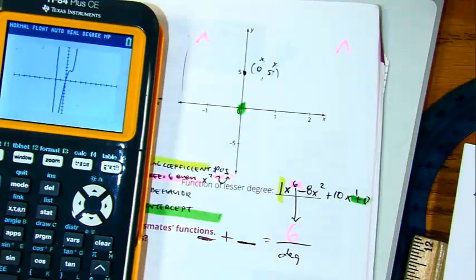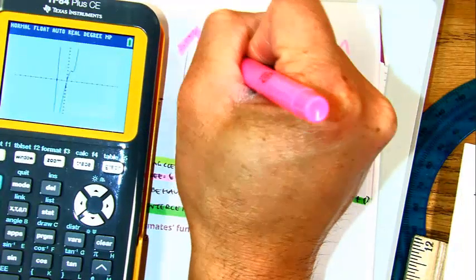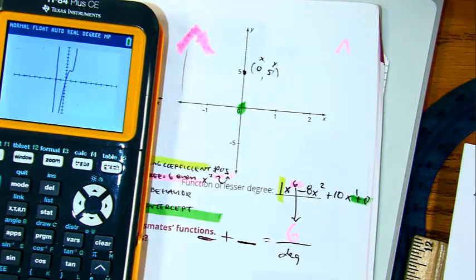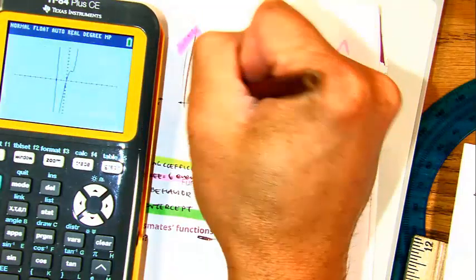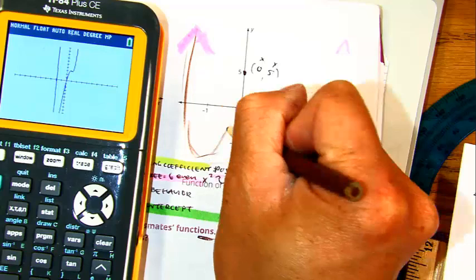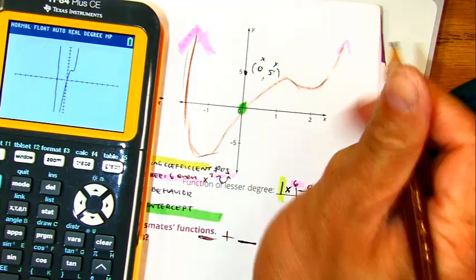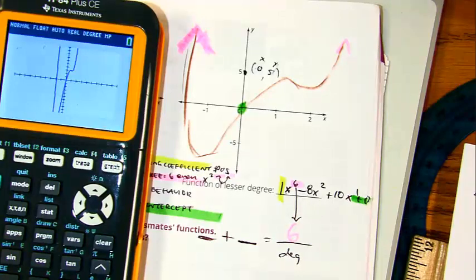If you made a mistake like I did, you can just do something like this. Okay, class, this is a big idea.